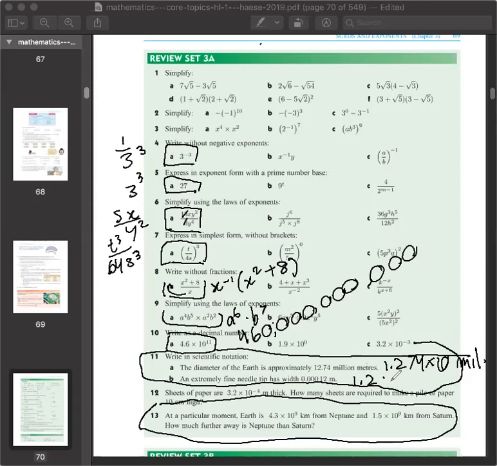This one turns into 10 to the power of minus 4 m. And for this one, since they have the same base and exponent, you can just do 4.3 minus 1.5, and that results in 2.8 times 10 to the power of 9. I think that's pretty much it.